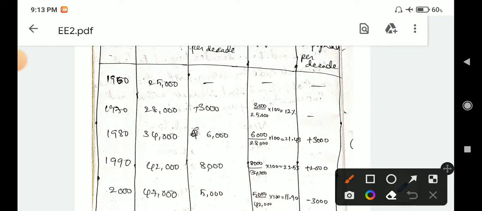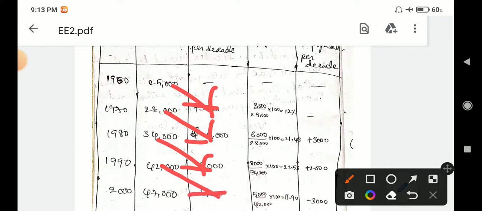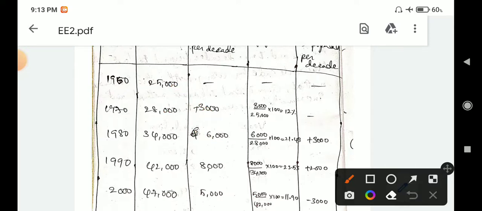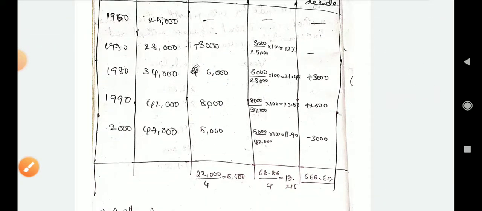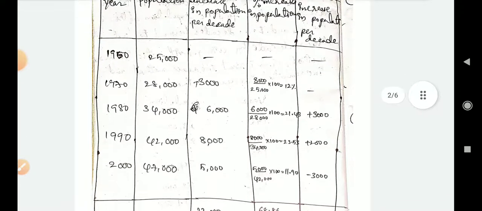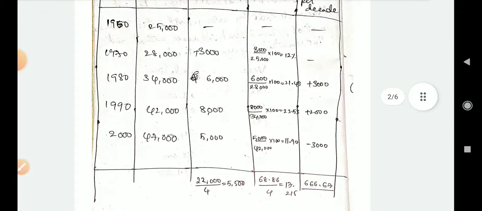Next is 6,000 by 28,000, which is 21.43%, then 23.53%, then 11.90%. These are the percentages. Adding the increases 3,000, 6,000, 8,000, 5,000 gives 22,000.